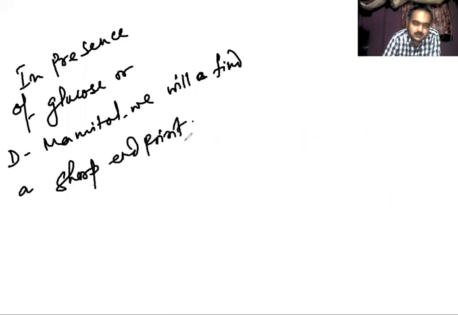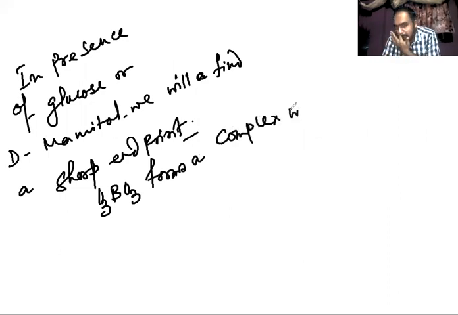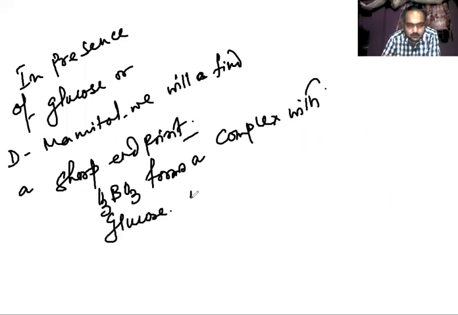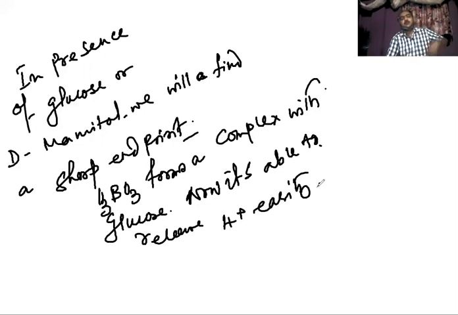This is because H3BO3 forms a complex with glucose. Now it is able to release H plus easily, so we'll get a sharp endpoint. So H3BO3 is actually a very weak acid.